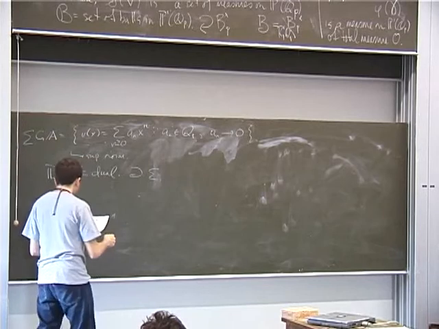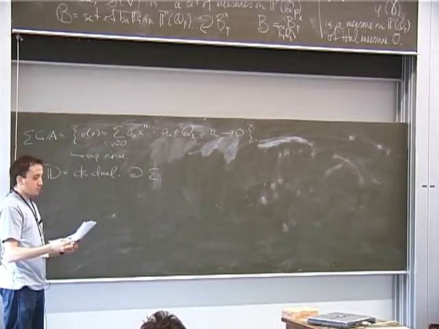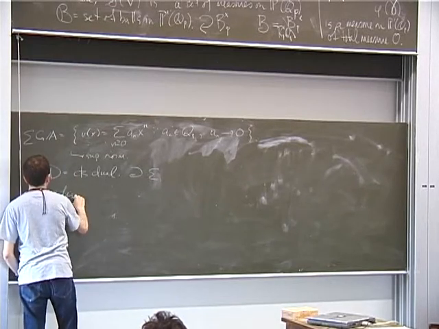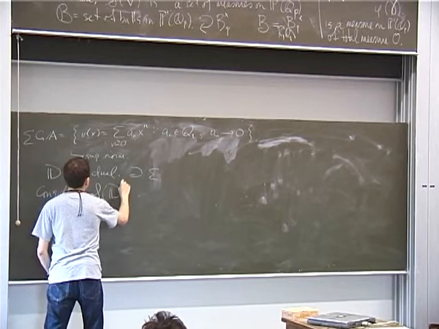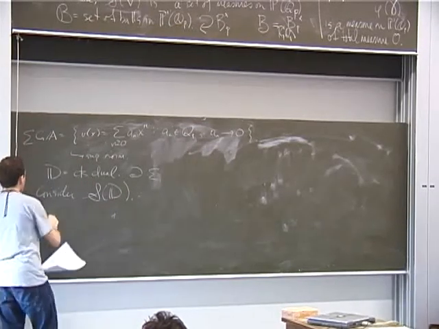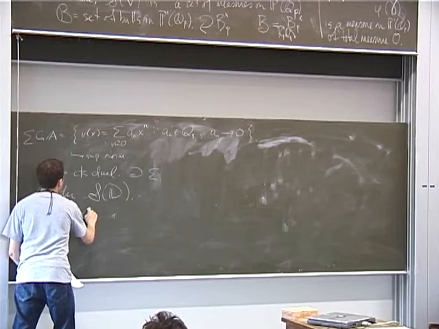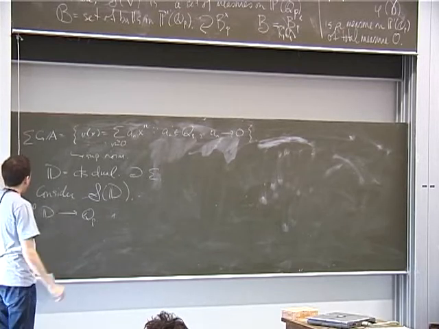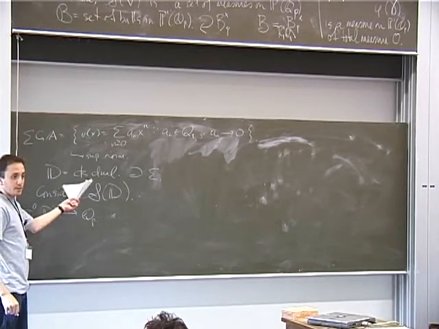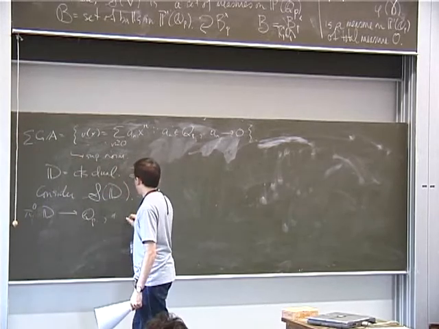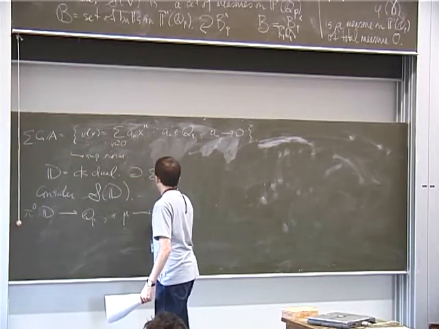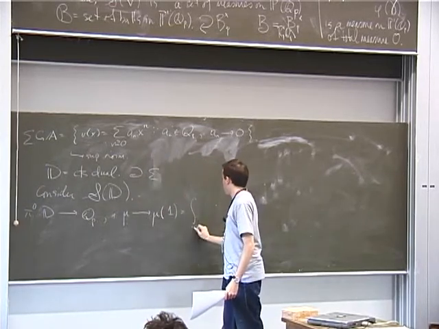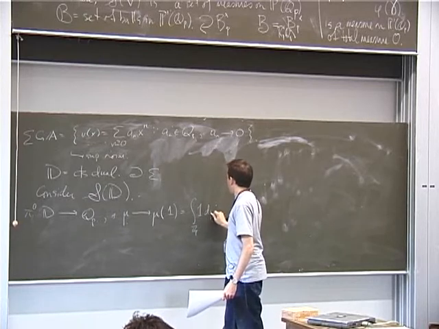So I want to consider the space of automorphic forms with values in D. And notice that we have a natural map, first of all, from D into Q_p, which I'll call pi 0. And this map is just total measure. Take a measure and then evaluate it on the whole space. It sends mu to mu of the constant function 1, or we can write this as the integral over Z_p of 1 d mu.